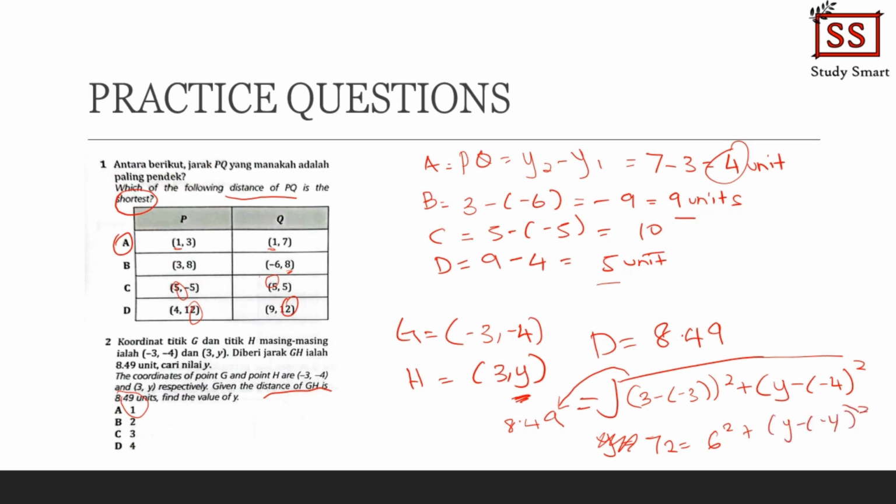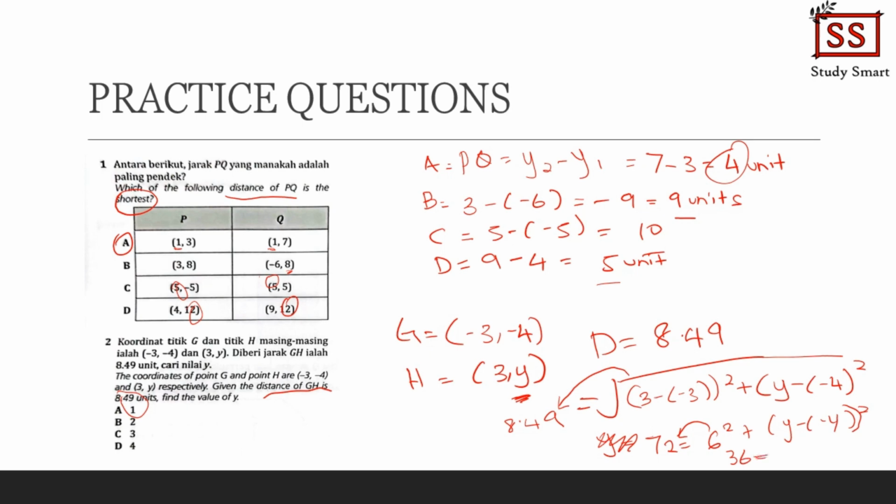So 72, and 6 squared equals 36. When you bring the 6 squared to the left side, it is 72 minus 36, which is equal to 36 also.